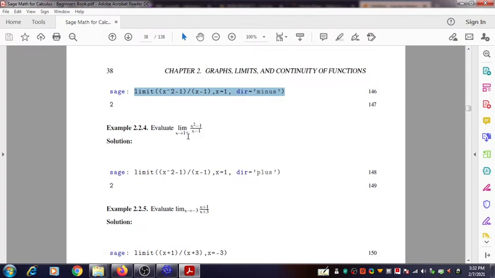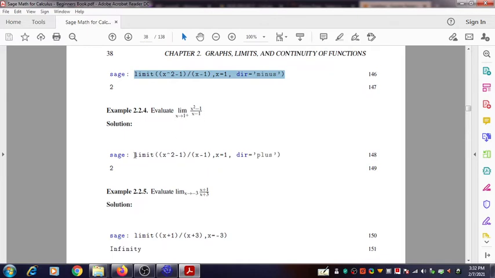For the same expression, suppose we want to find the right limit. In this problem you can write the same statement for computation, but with the change in the direction part: plus must be used instead of minus.